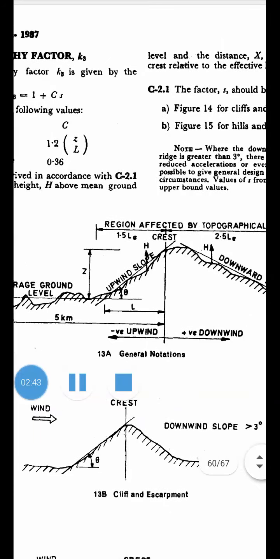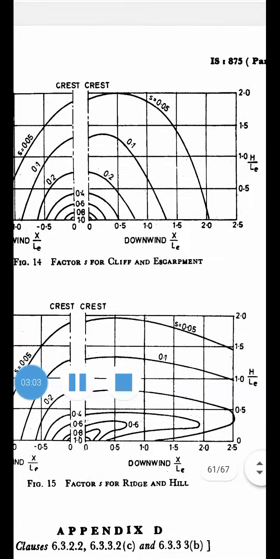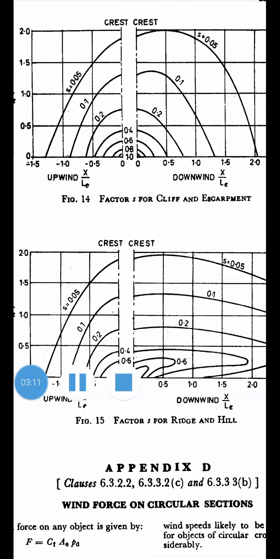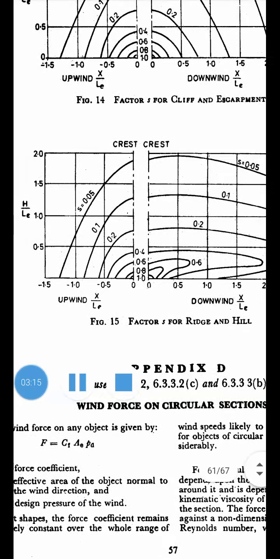Now factor S should be determined from figure 14 for cliffs and escarpments, and figure 15 for hills and ridges. Okay, so if you look at figures 14 and 15, this is figure 15. Figure 14 is cliff and escarpment. Now, H by LE and X by LE.